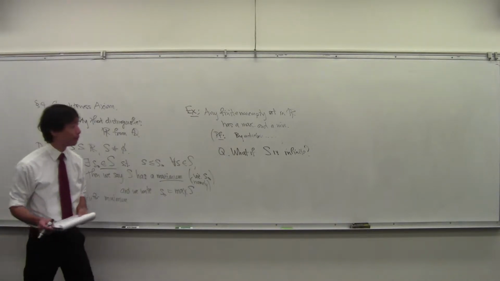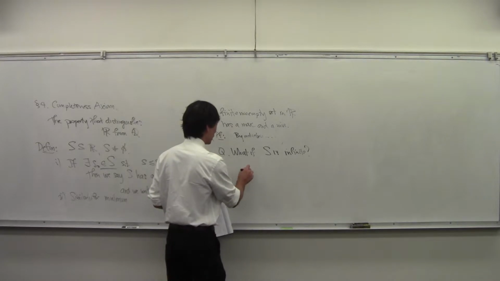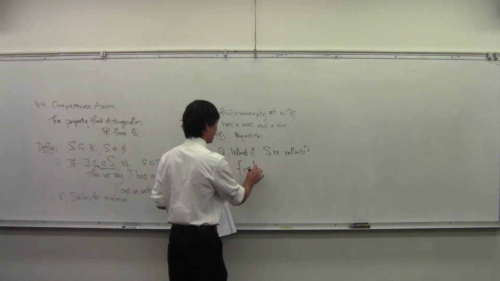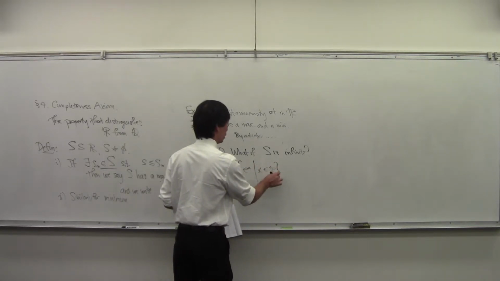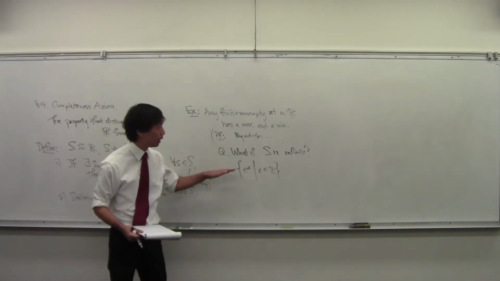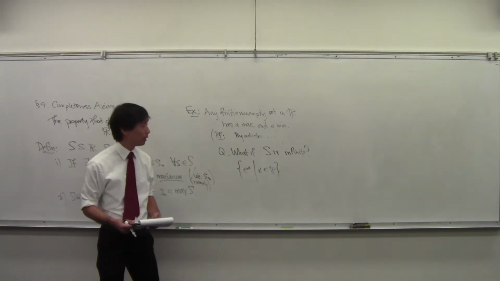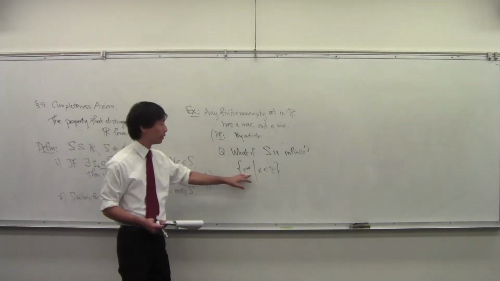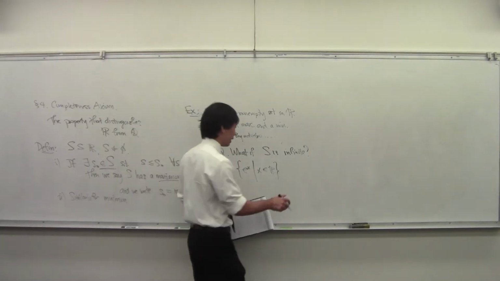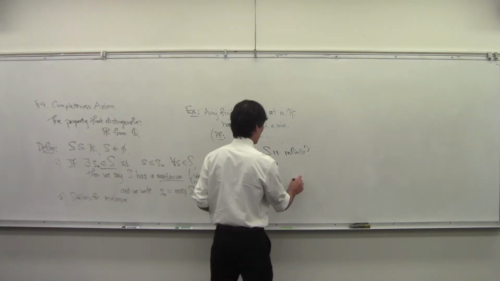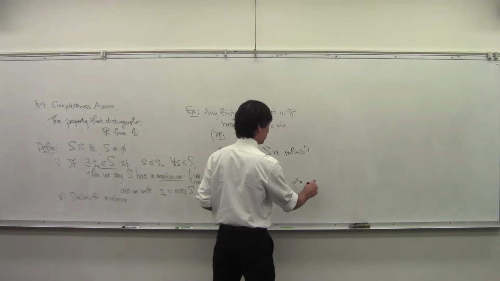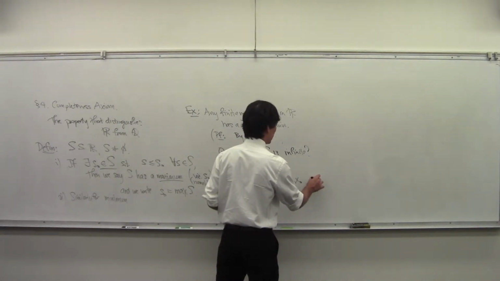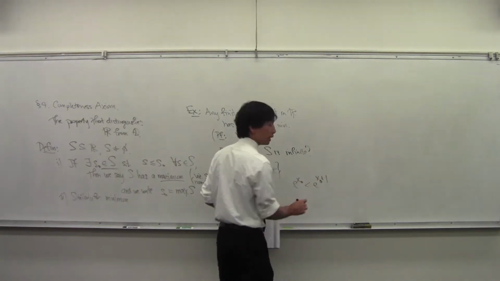e to the x? Okay, so maybe you're saying e to the x where x ranges over the reals, like all outputs of e to the x. That'd be good because there's no maximum for that. If you tell me that e to the x naught is the maximum, I'd say, well, e to the x naught plus 1 is bigger than that.